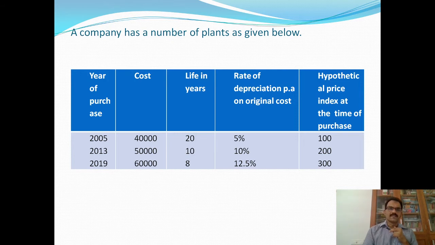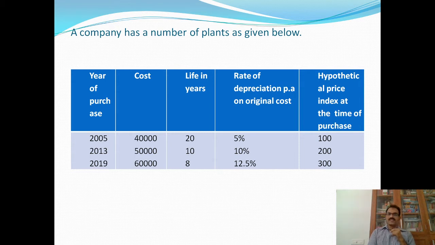So let us discuss an illustration. A company has a number of plants. The year of purchase is 2005. Cost of the plant is 40,000. Life is 20 years. Rate of depreciation 5%. Hypothetical price index at the time of purchase is 100. Another plant was purchased in the year 2013.